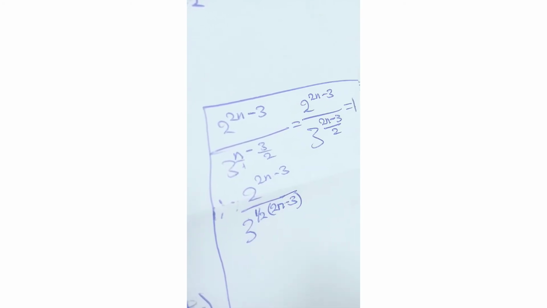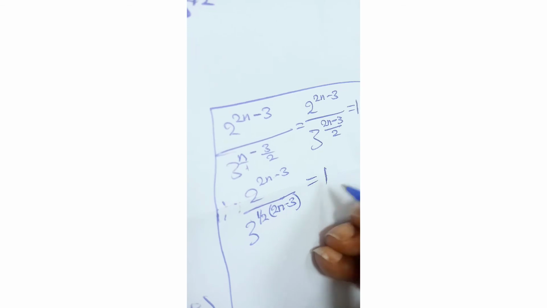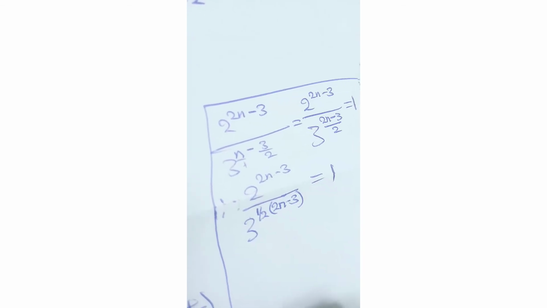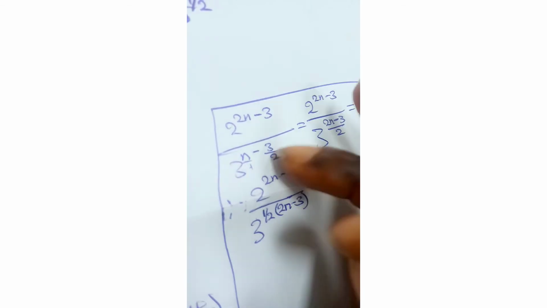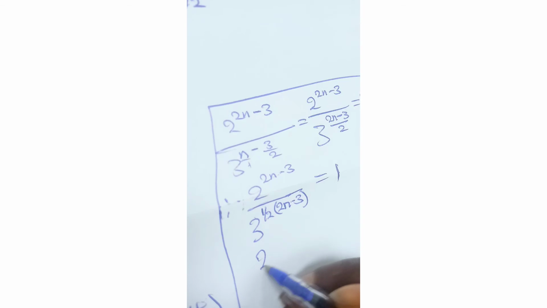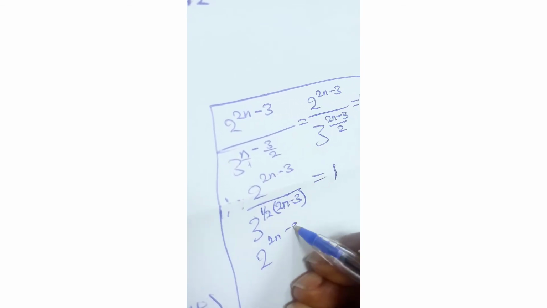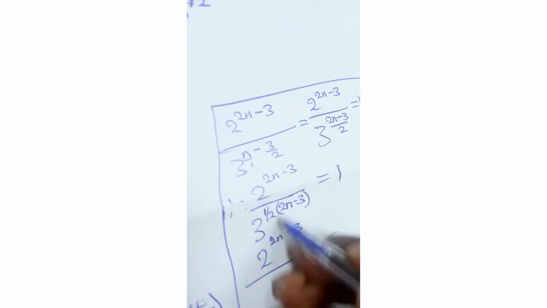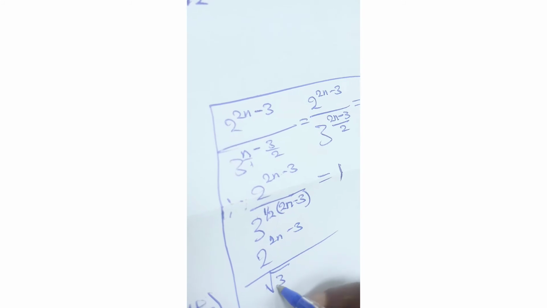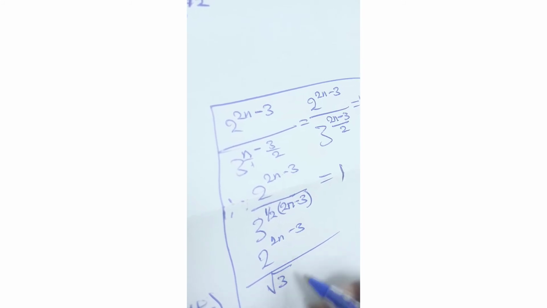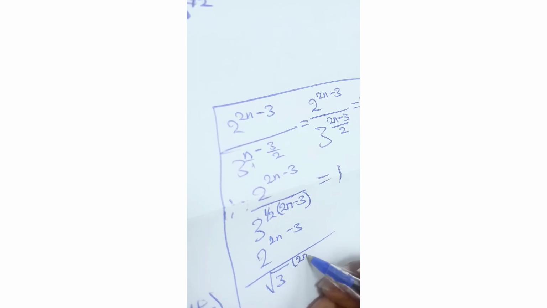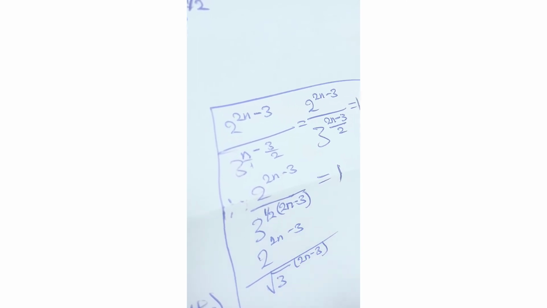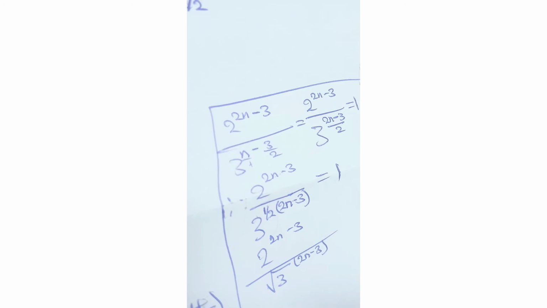So you get, which is equal to what? 1. At this point you will realize that what we have here is 2 raised to power 2n minus 3 over, this one is root of 3 raised to the power of 2n minus 3. Are you getting my point?